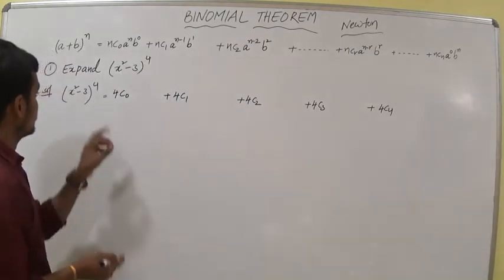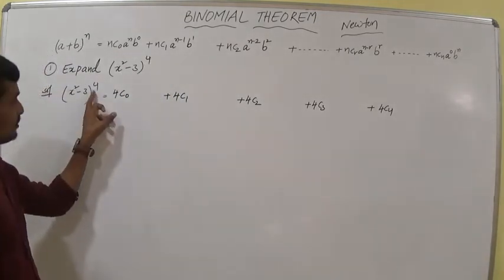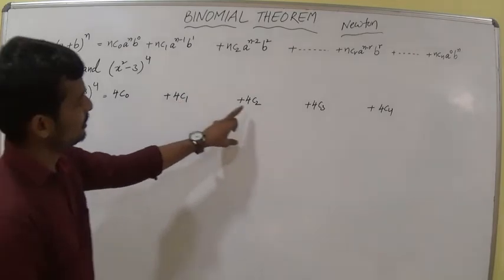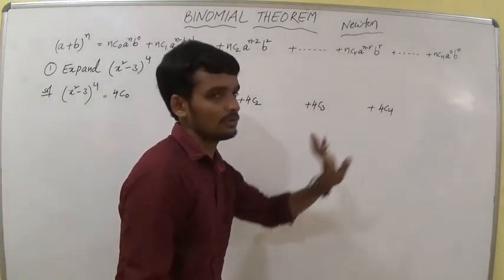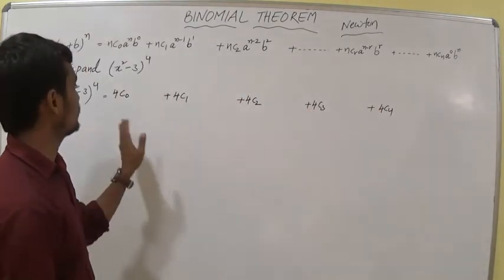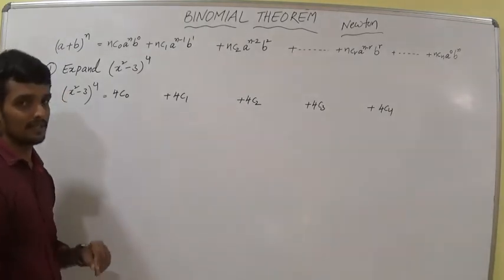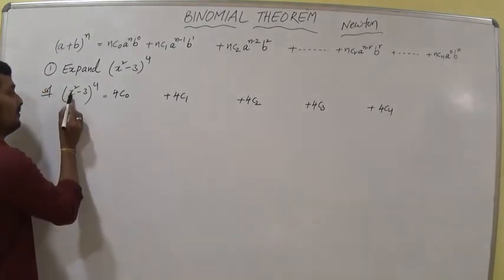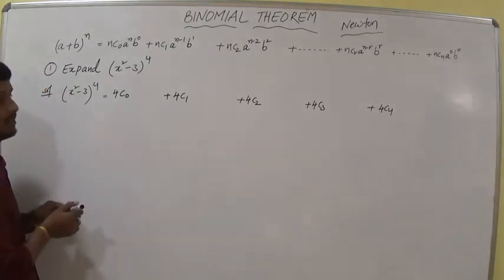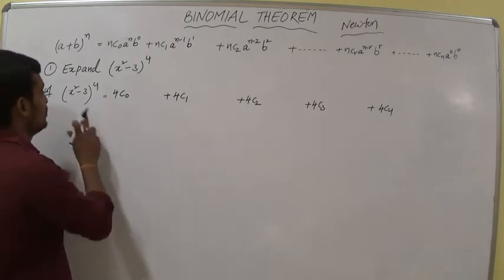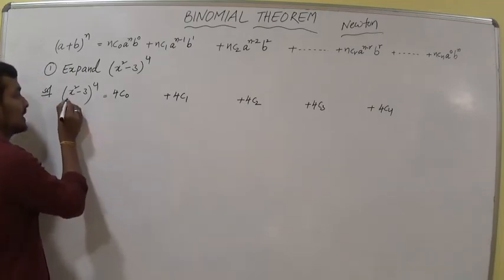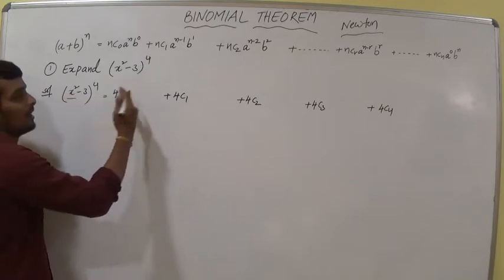Why? Because the exponent is 4. So 4c0, 4c1, 4c2, 4c3, 4c4. The binomial coefficients are completed. Now coming to the first variable. What is the first variable? x square. So the exponents of the first variable are decreasing.